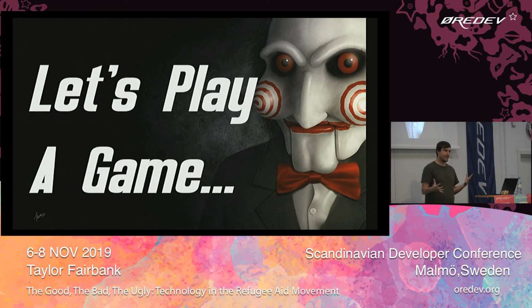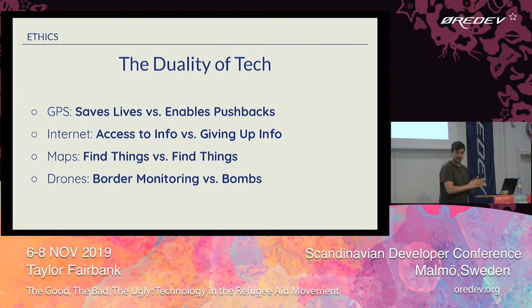It gets into this concept of duality, where technology can be used to help people or to harm them. And we have some more examples. GPS helps enable these illegal pushbacks, but as we saw with Alarm Phone, it saves lives in the Mediterranean. The internet, we talk about this a lot in programmer circles.